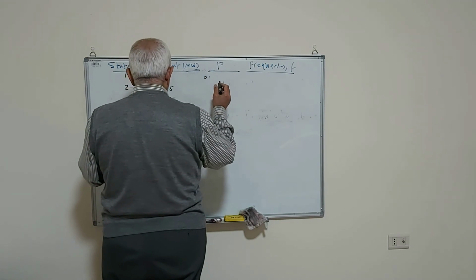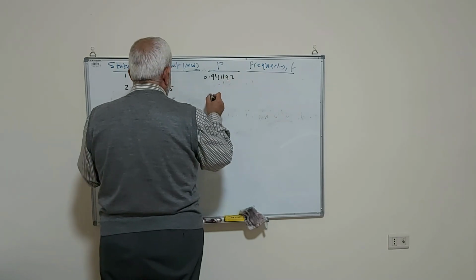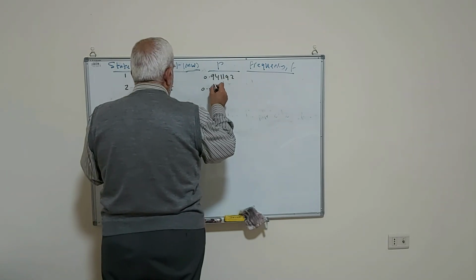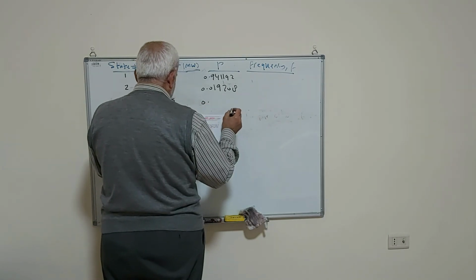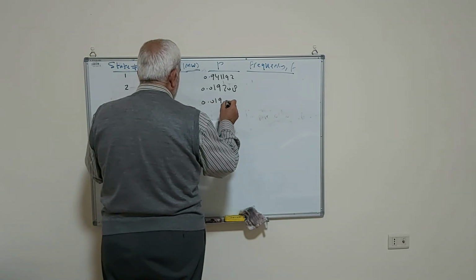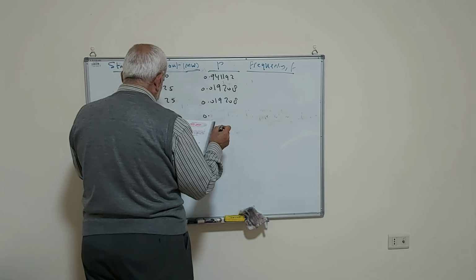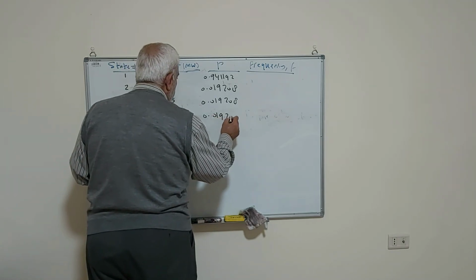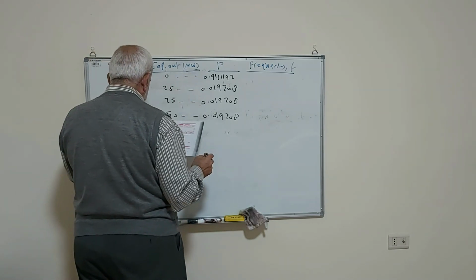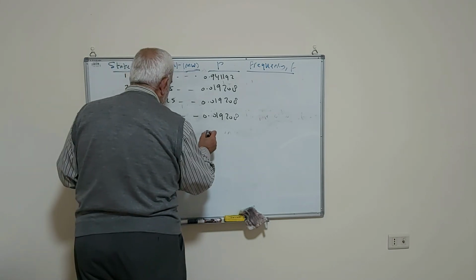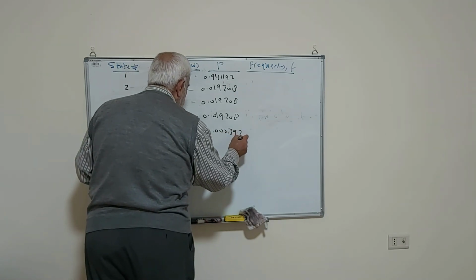Probability: we have here 0.941192, we have 0.019208, 0.019208, and we have 0.1928, and we have 0.00392.